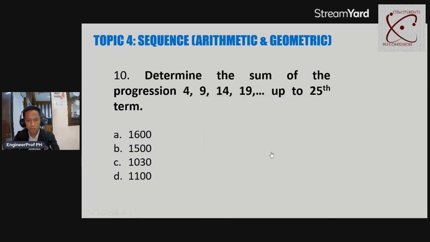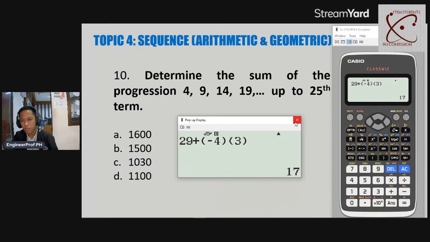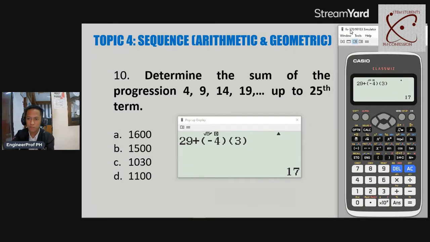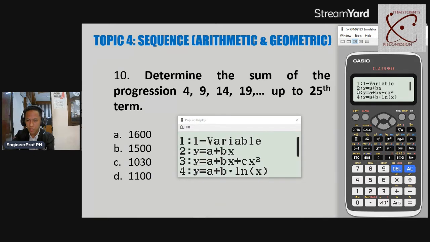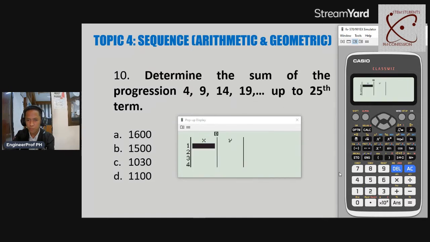So, open the calculator. Ayan, open natin si calculator. Then, again, menu and navigate to statistics. Okay, 6. So, then again, for arithmetic, that is 2. Then, lagay natin yung mga values. So, for the first term, 1. That is 4. Okay, 4. Input natin si 4.